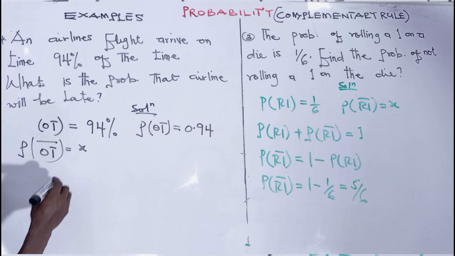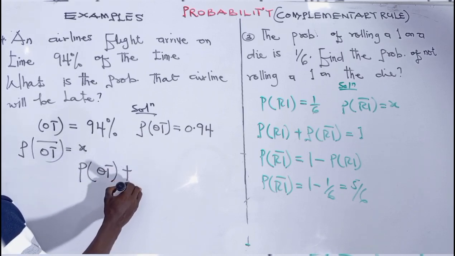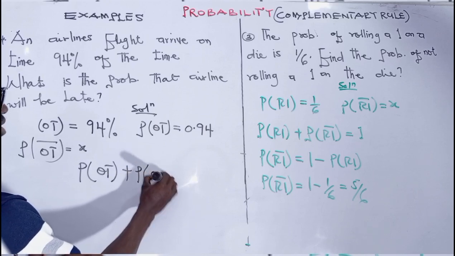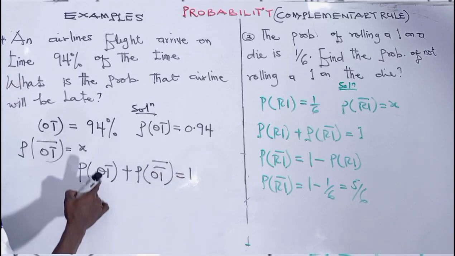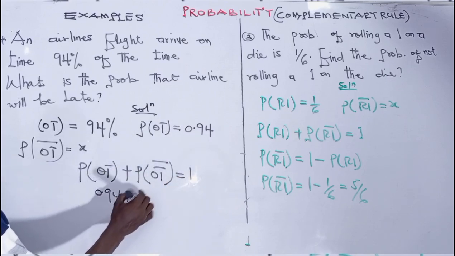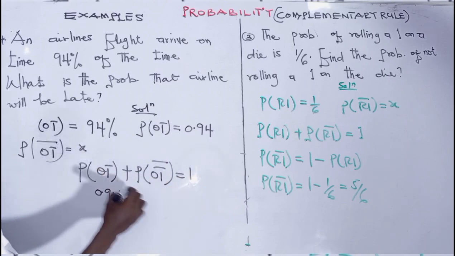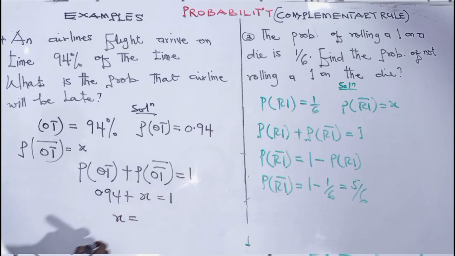We have just learned that the probability of an event plus the probability of its complement should give us 1. So on time we have 0.94 plus not on time we have x is equal to 1. So when you do your algebra, you are going to have this.